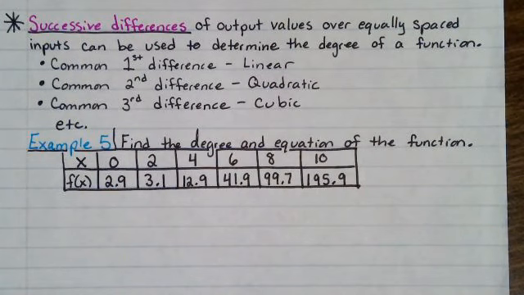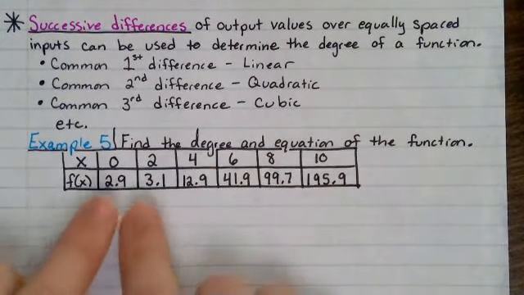Now, you also should have learned that there's an easy way to determine if something is a linear function or if it is not, okay? If they have successive differences that are common, then you're able to see what kind of degree it is by looking at which level of differences were the same.